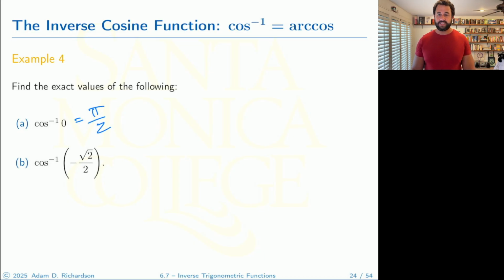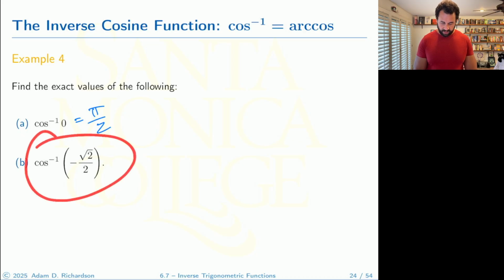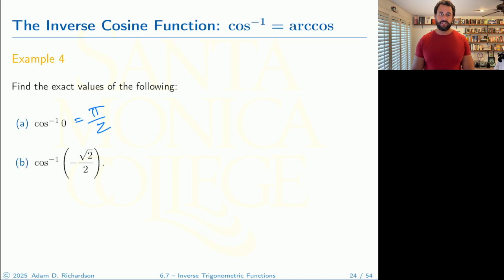Okay, now I do the same thing for the next part. Let's see, what angle has a cosine of negative root 2 over 2? Okay, so that means the horizontal displacement is negative root 2 over 2. So if I start here, it's going to have to be in the second quadrant, right? And negative root 2 over 2, that's going to be the side length of one of those 45, 45, 90 triangles.